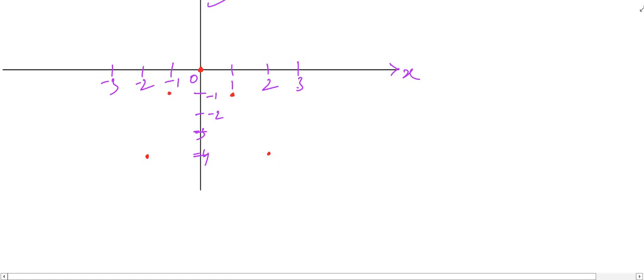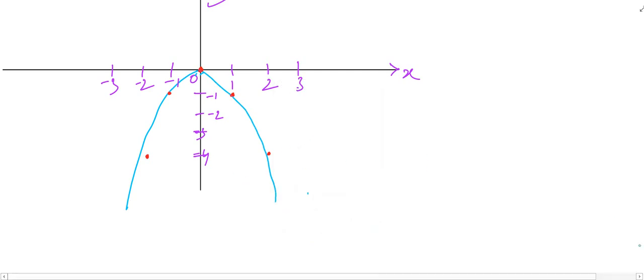Now let's trace it and get our parabola. Something like that. Again it's a bit bad, but yes, like this.